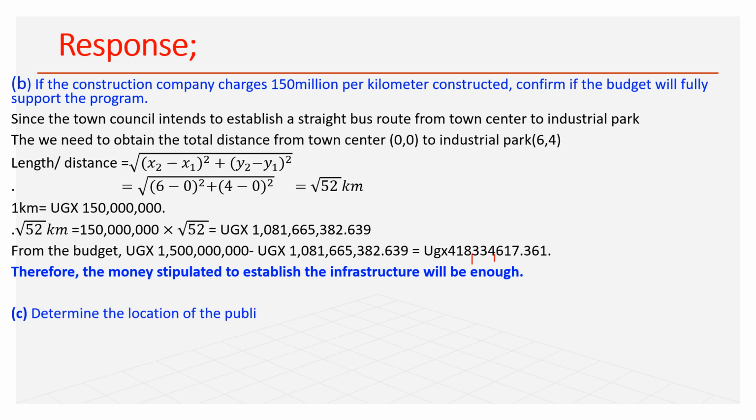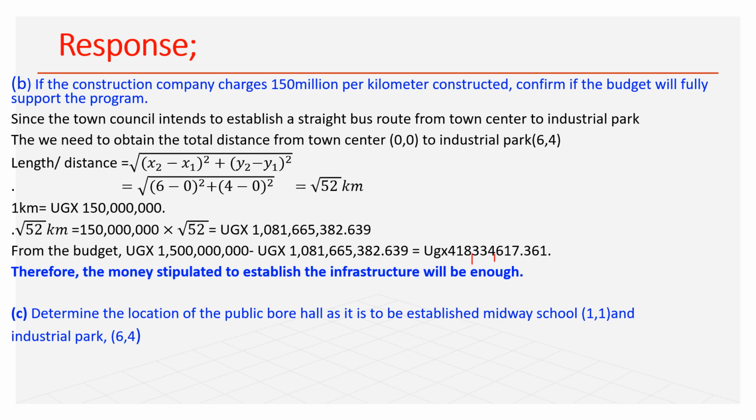So we are determining now the location of the public borehole. I think the 418 million will be enough for constructing a public borehole. Given that we have the location, Midway School, if you want to provide a school with the borehole and also the industrial park for other industrial use, they are estimating the midway or the midpoint of these two locations such that they can all benefit from this water source.